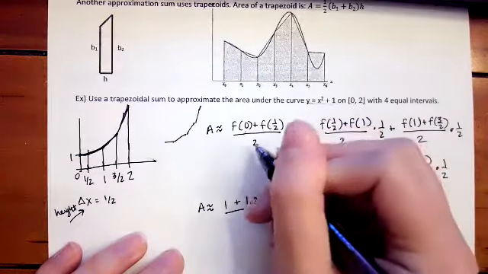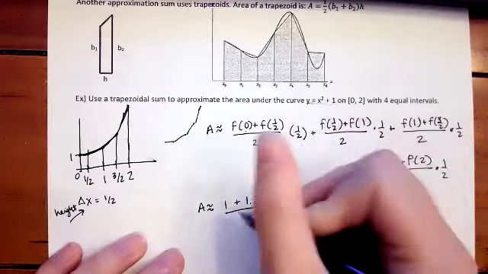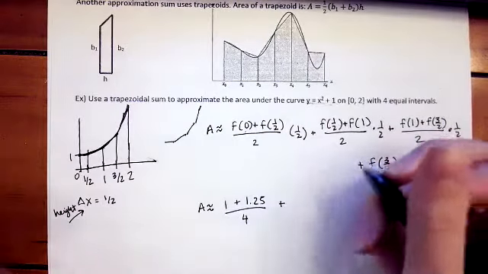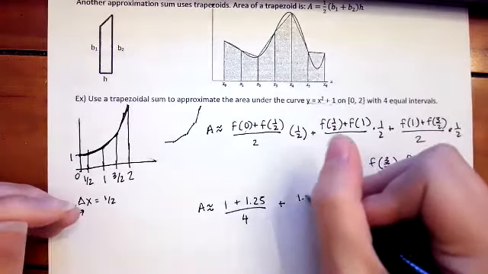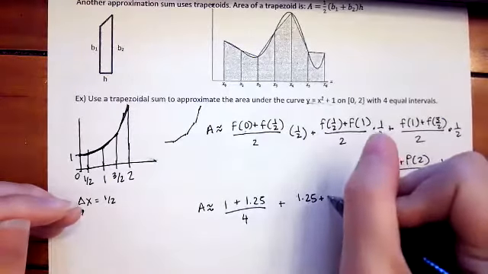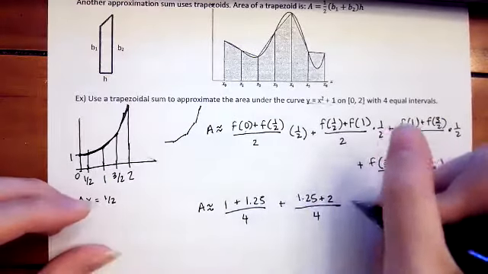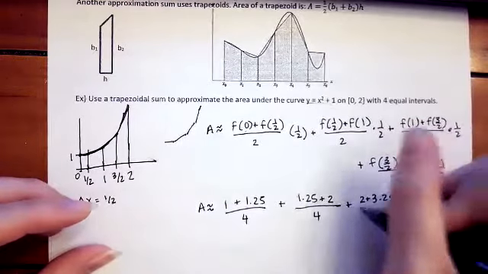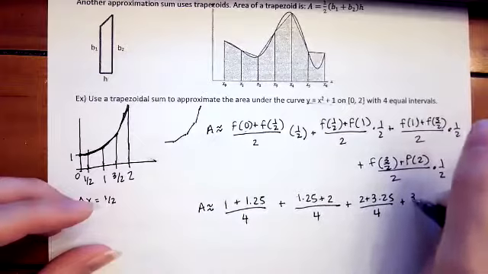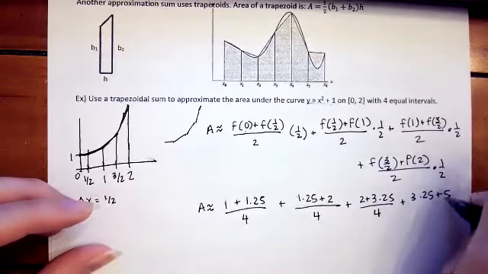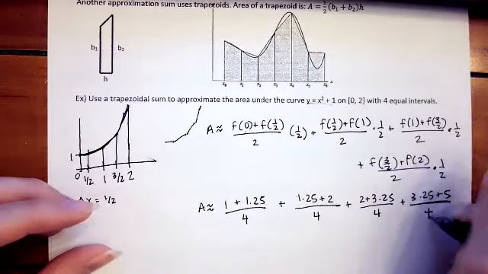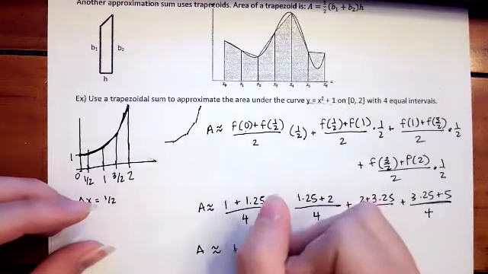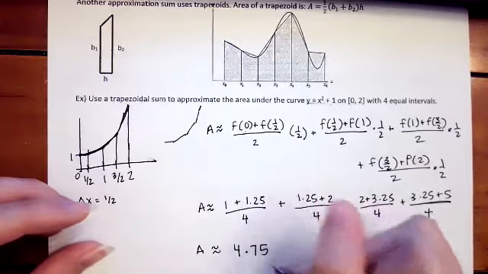And essentially, I have this over 2 and I'm multiplying by 1/2, so that's the same as dividing by 4, because those denominators multiply. We get an area approximation of 4.75.